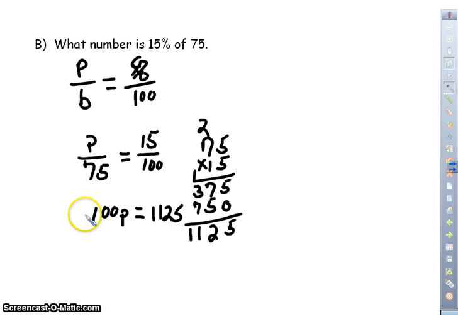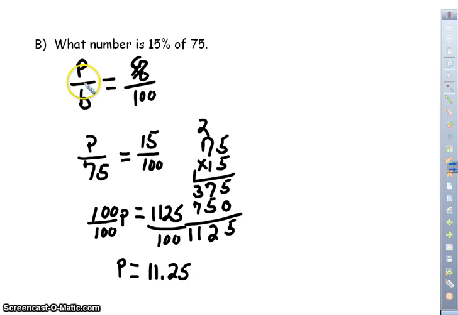Now you're going to divide both sides by 100, and when you do that, P equals 11.25. That is the number, the part. As you can see, it doesn't always have to be a whole number. It is a decimal in this case.